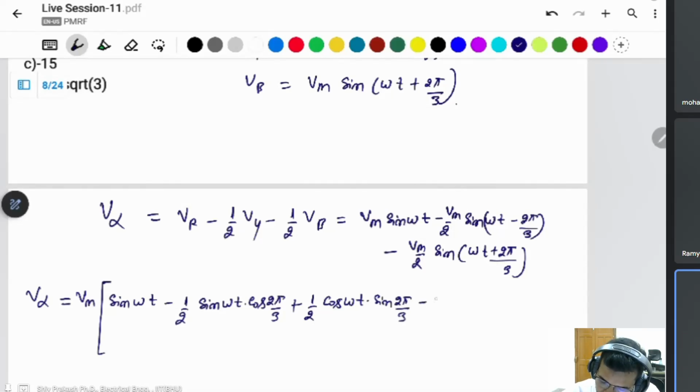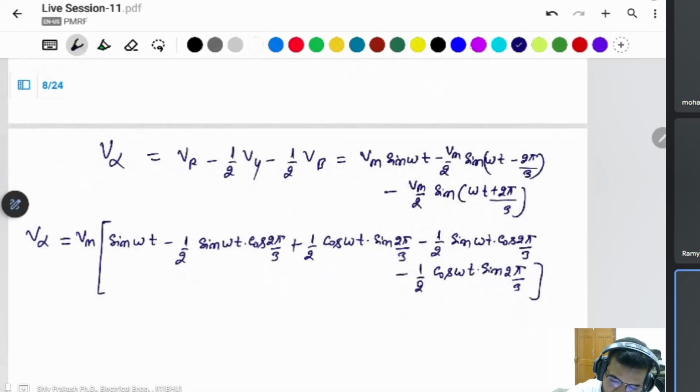Minus the same thing here, 1 by 2 sin A cos B, plus cos A sin B, sin omega t cos of 2 pi by 3, then negative also, negative 1 by 2 cos of omega t sin of 2 pi by 3. You can see here half of cos omega t into sin 2 pi by 3 will be cancelled out.